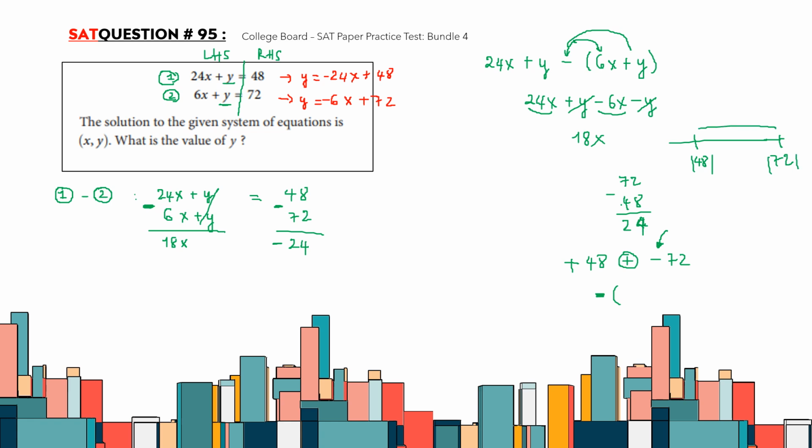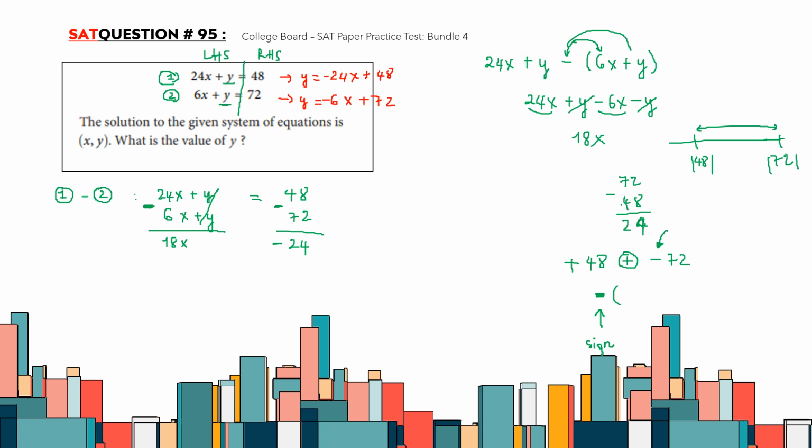We find the distance between the absolute values of 72 and 48, because we already decided the side of the result.